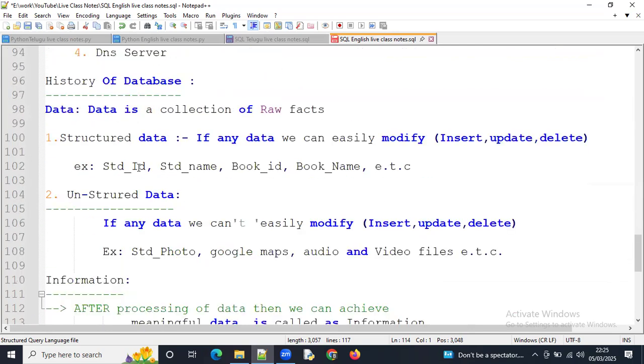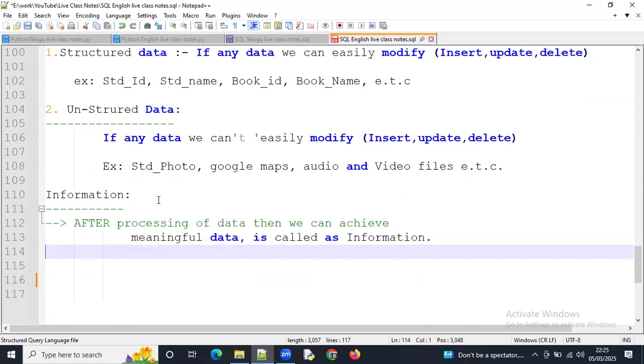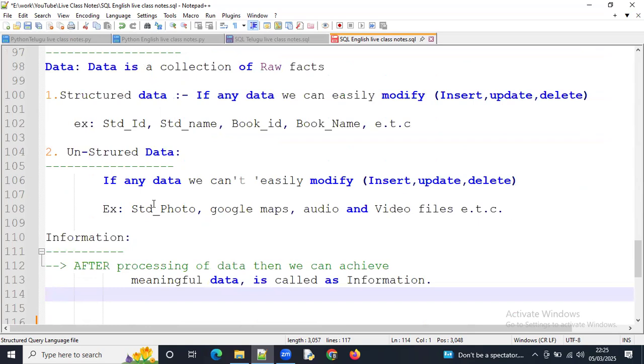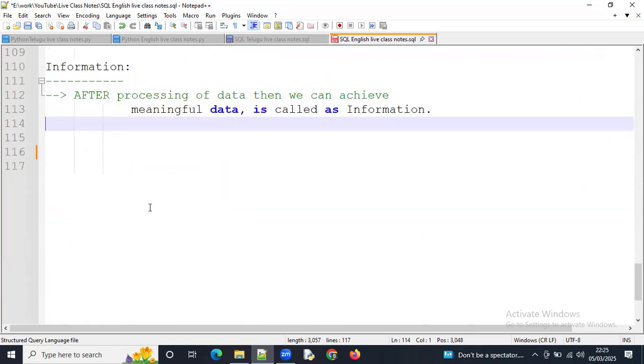And the history of database is in structured data type and unstructured data type. We have also discussed information. Information is nothing but, after processing data, the meaningful data we obtain is called information.